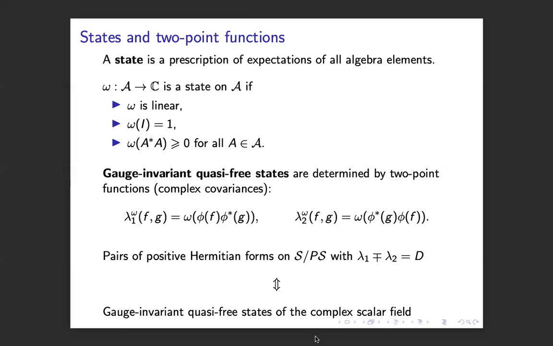There is a specific definition of quasi-free states, which I'm not giving here, which expresses all of the n-point functions in terms of these two-point functions, and that's the definition.